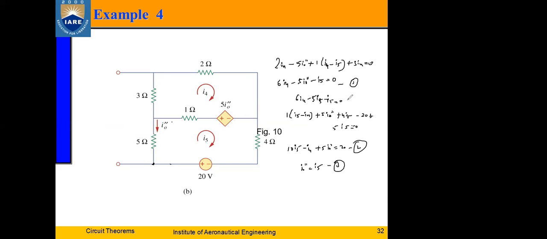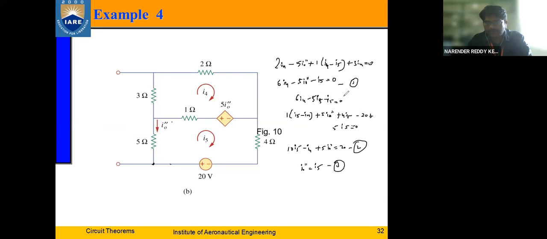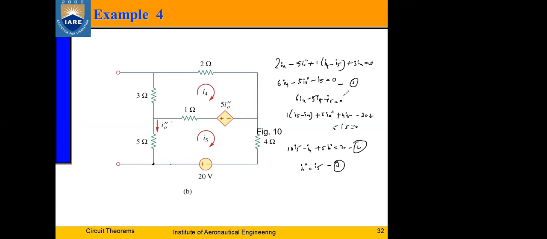So I4 and I5 are also equal. How? I4 equal to I5.